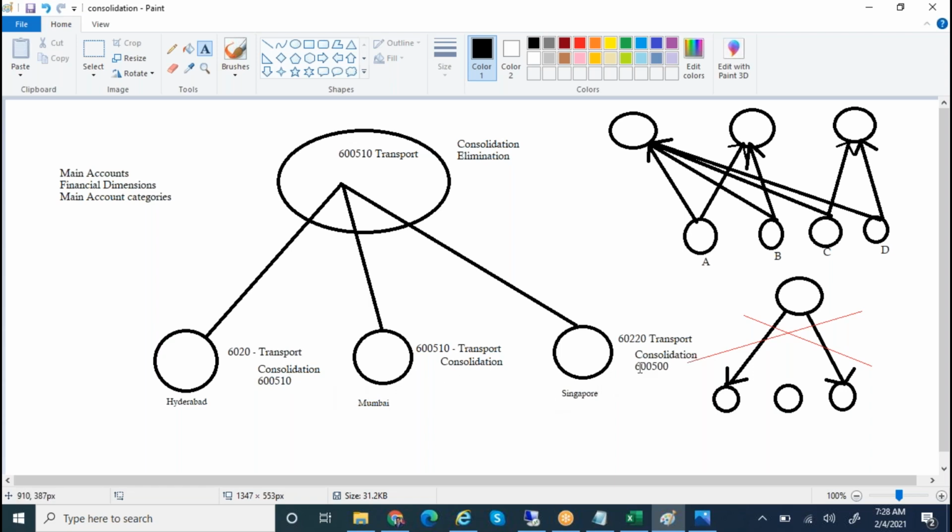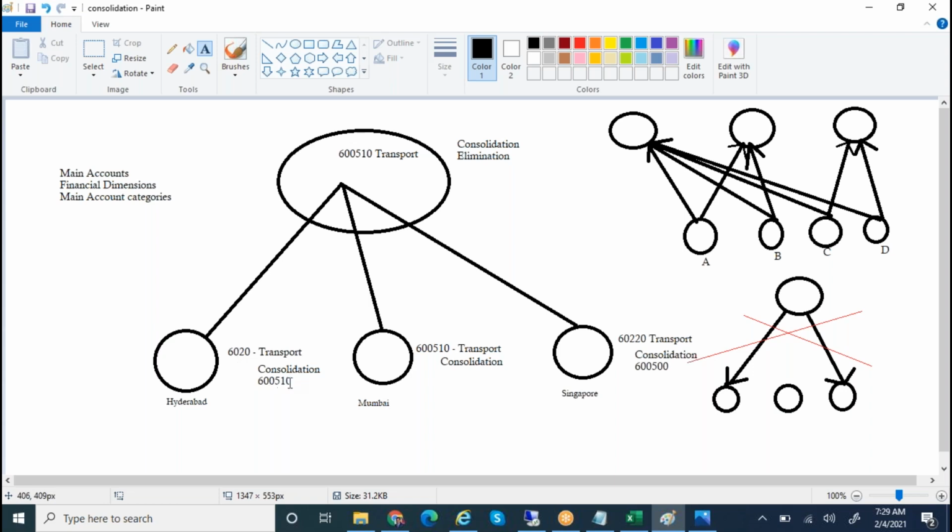Exactly. You are right, Venkat. Whatever your question is correct, the perfect question. But here we are simply entering only text. This is a one-time job for the consolidation process. You need to map it so that while doing consolidation, the system can understand 600510.